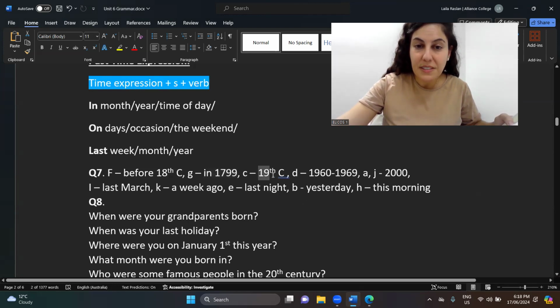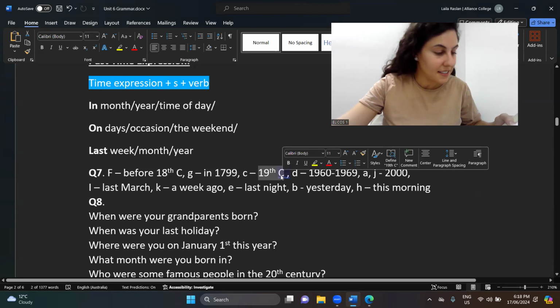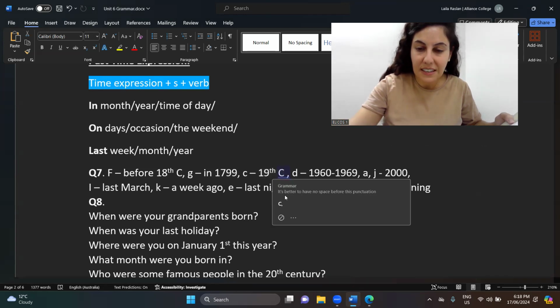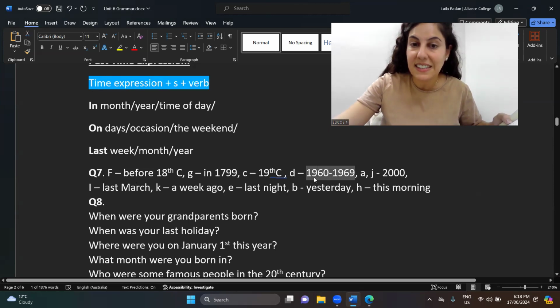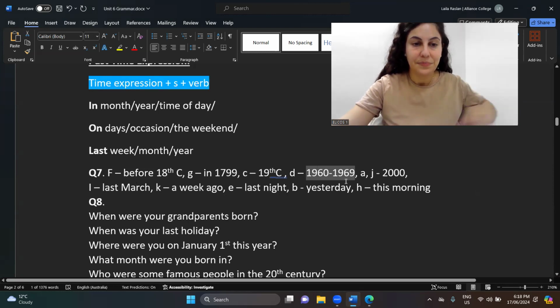And then if we move up in time, we've got the 19th century, number 3, C. Then D will be number 4, the 60s. Remember, the 60s is the year 1960 to 1969.